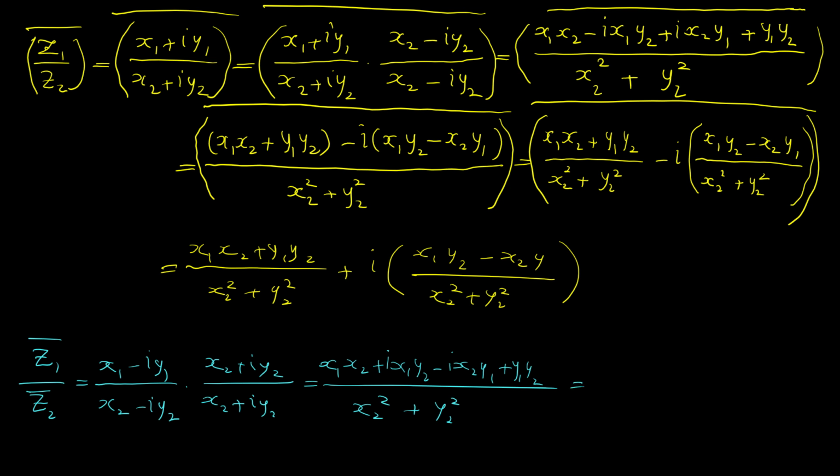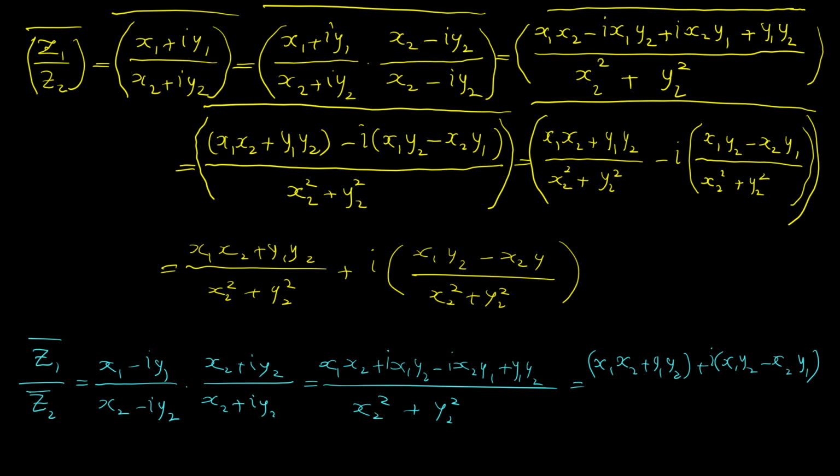Now let's group real parts by each other and let's factor i from these two terms. If we factor i from these two terms, then we have x1 y2 minus x2 y1.